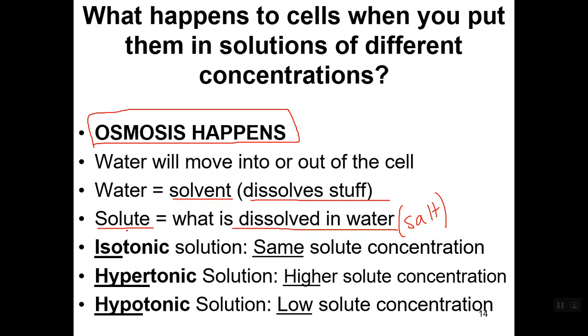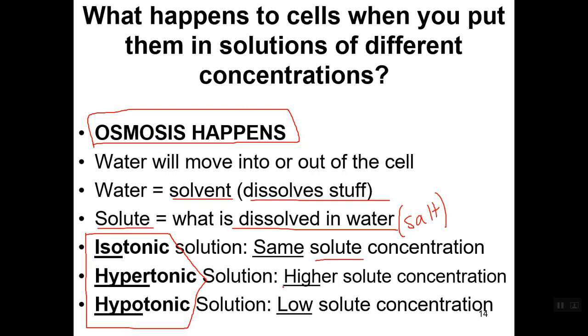are also considered solutes. And there are three vocab terms that you need to be masters of: isotonic, hypertonic, and hypotonic. If the solution that the cell is in has the same solute concentration, so the amount of salt, as the cell's solution, those two are said to be isotonic.